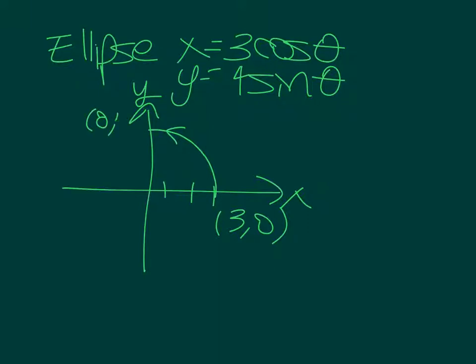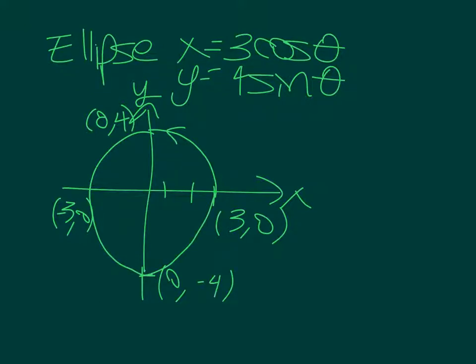It hits (0, 4), keeps going to (-3, 0), (0, -4), and it's over here when theta is equal to pi, and it gets right back to the beginning when theta is equal to 2 pi.